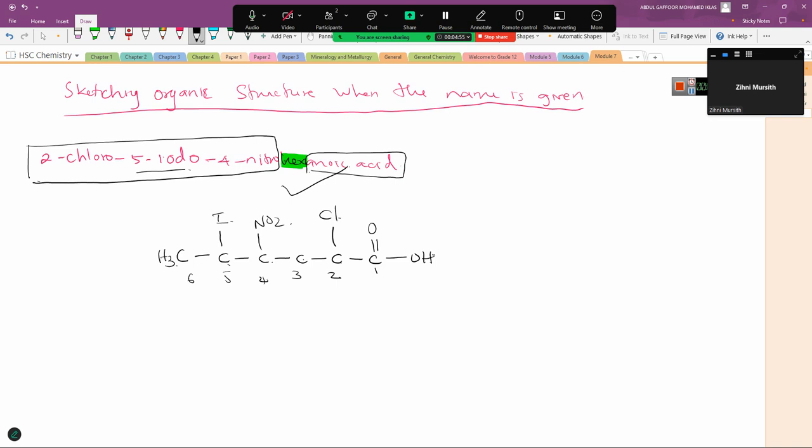Here we should have H3, here one hydrogen, here CH2 because around this carbon we have only two bonds, so it has two hydrogens, and here one hydrogen. That is the structure. Have you understood how to draw this now?